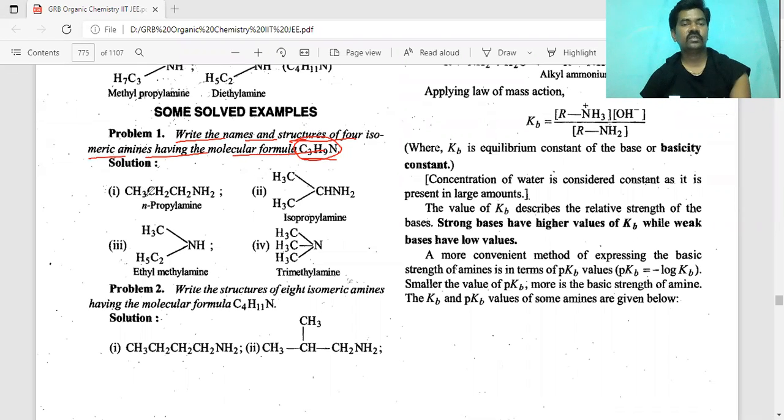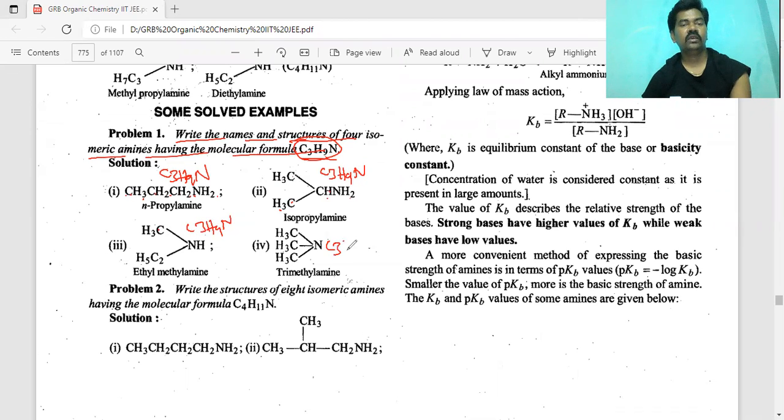If you see this one, C3H9: 3 carbons, C3, then 3 plus 2 is 5, 5 plus 2 is 7, 7 plus 2 is 9 hydrogens, and 1 nitrogen. So this formula is C3H9N. Then this one: 3 carbons, C3, then 3, 6, 6 plus 2 is 8, 8 plus 1 is 9, C3H9N again.